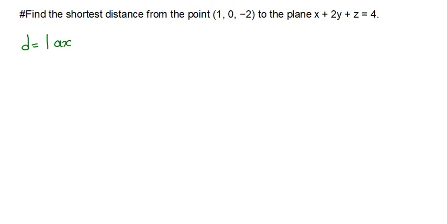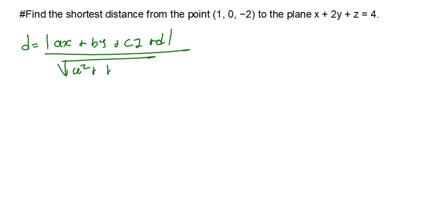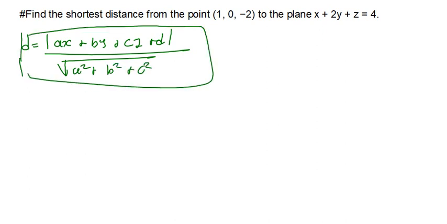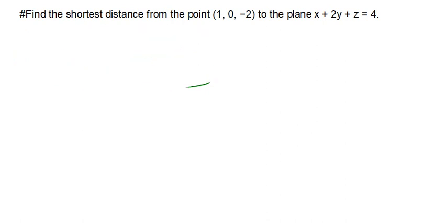A times x plus b times y plus c times z plus d, divided by the square root of a squared plus b squared plus what? C squared. But this gives me more like a maximum distance, but I'm talking about the shortest distance. So in this case, my goal is to minimize what I have.